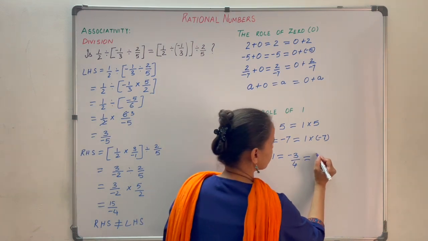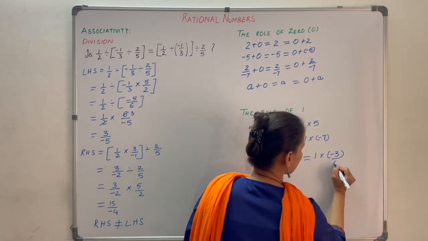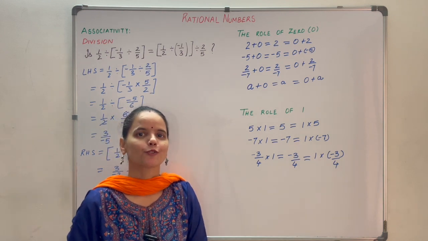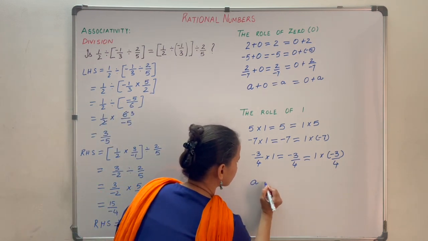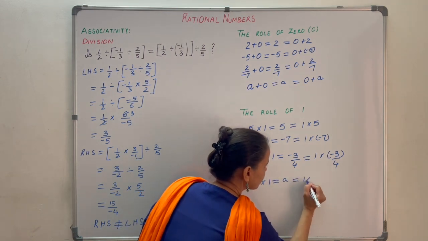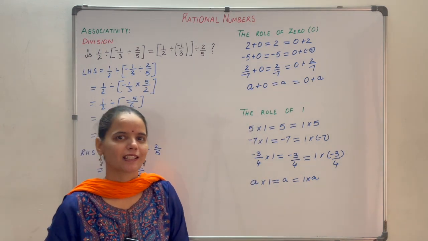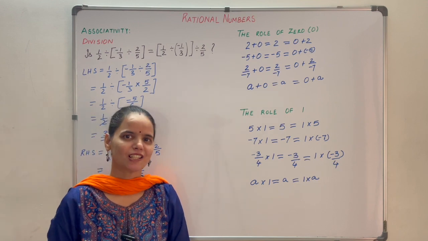Or you multiply 1 to minus 3 upon 4, again you will get minus 3 upon 4. So for any rational number a, a into 1 gives you a, or 1 into a also gives you a. So we say that 1 is the multiplicative identity for rational numbers as well.